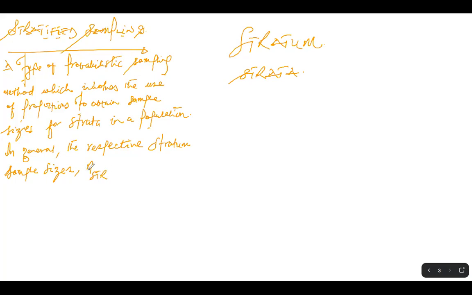We know what n is: small n is sample size. As a subscript, not underscore, I write n with STR below. This statement means stratum sample size. So in general, the respective stratum sample size is n_str.